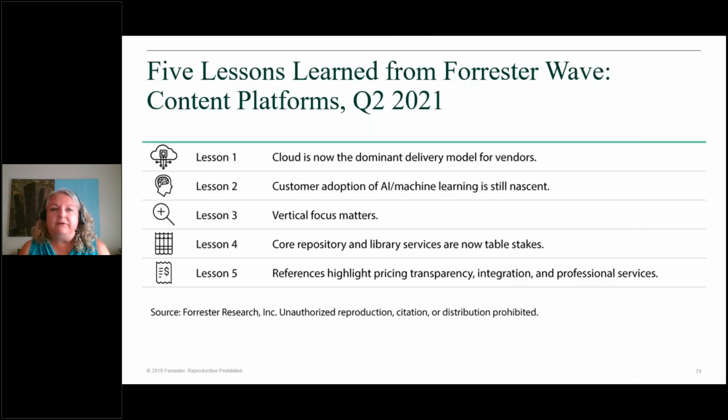So coming out of that wave just recently, we published a report summarizing the 5 lessons that we've learned. And the first is that we have seen the cloud really take over. For new deployments, new customers adopting ECM for the first time, or for those of you who are modernizing and moving into this next era, cloud is now the dominant delivery model for pretty much every vendor.